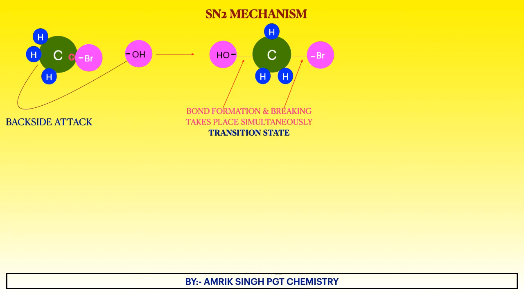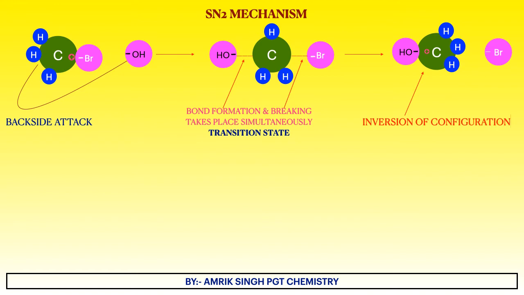There is a transition state, and then at the end the bond between carbon and OH is formed, and the Br negative ion departs, and in this way the SN2 mechanism completes. We have seen there is inversion of configuration.